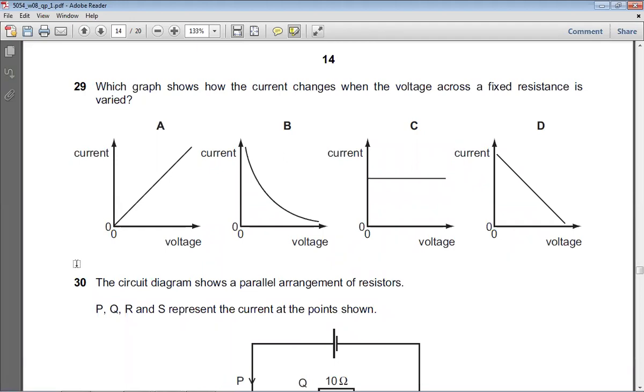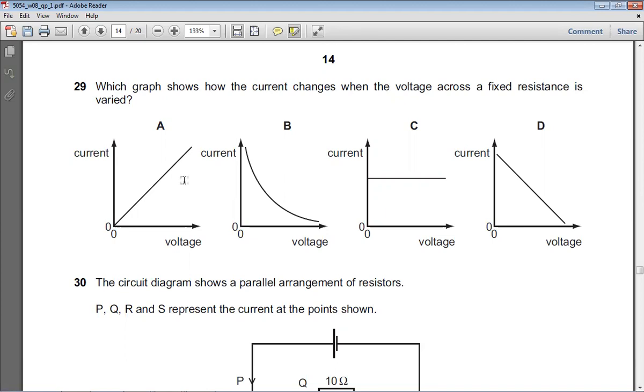Okay, so for the resistor whose resistance is fixed, its IV graph will be a straight line, because if you represent the current on the y-axis and the voltage on the x-axis, the slope of this graph is I by V, which is the reciprocal of the resistance.